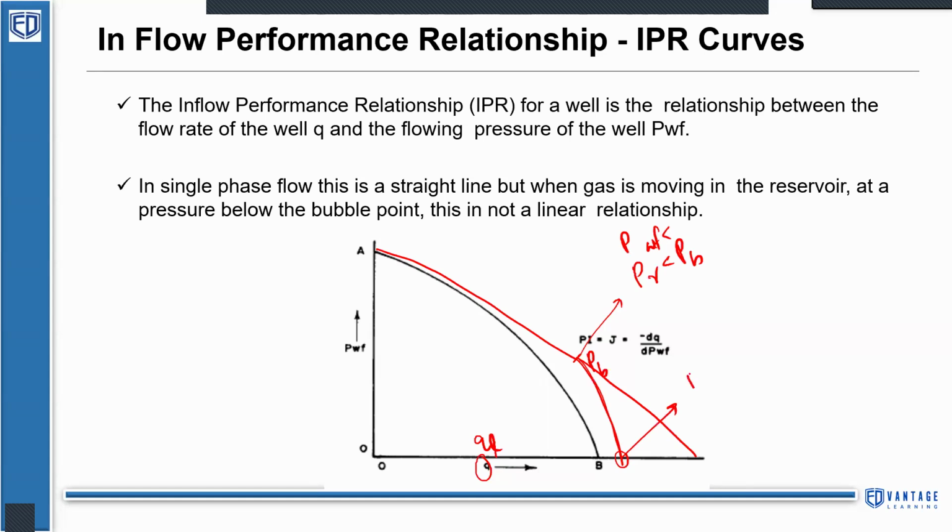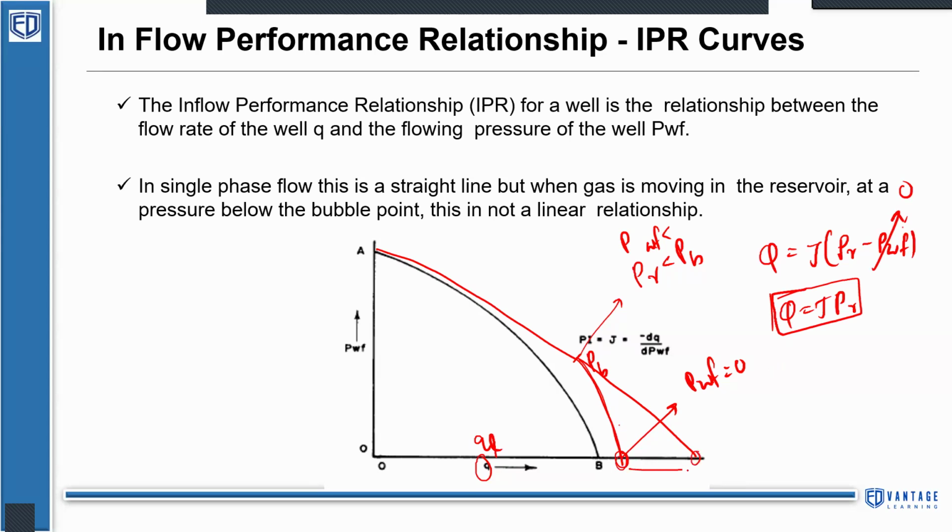So whenever your PWF is 0, technically your Q is equal to J times P bar or P reservoir minus P bottom hole flowing. Whenever this is 0, it is simply Q is equal to J into PR. This means it is absolute open flow when the surface is open to atmosphere. So if you see the AOF at this point, at this two-phase regime, it is less, but AOF at single phase is more. So this window will be the gas that is producing at surface.